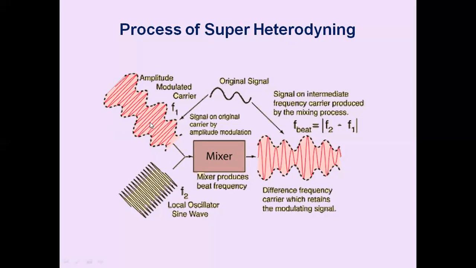So when it is tuned to 1500 kilohertz, the local oscillator is simultaneously tuned to 1500 plus 455, that is 1955 kilohertz. Then the following frequencies are formed. One is the sum frequency, 1500 plus 1955, so 3455 kilohertz. And the difference is 1955 minus 1500, which is 455 kilohertz.